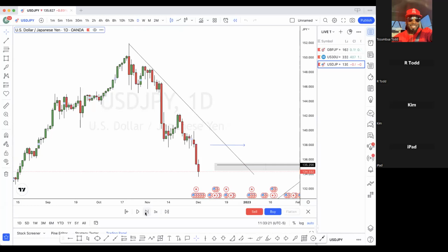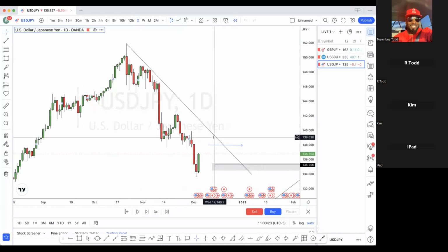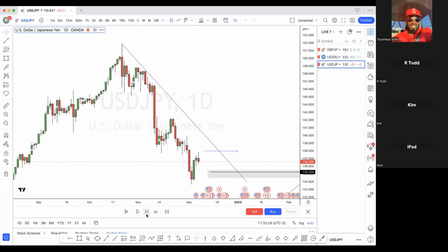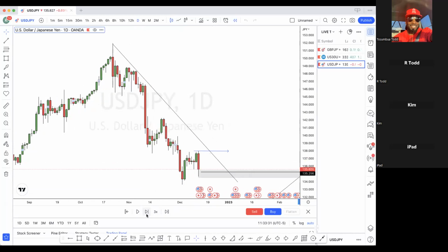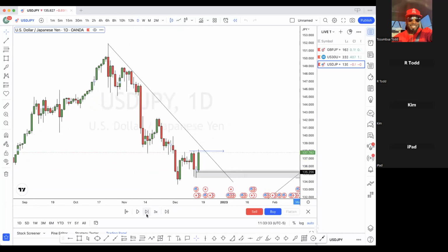Because of my trend line, I'm expecting price to pull back somewhere to this trend line and continue moving to the downside. So we had this order block here, and because I'm moving down, I'm expecting sales.